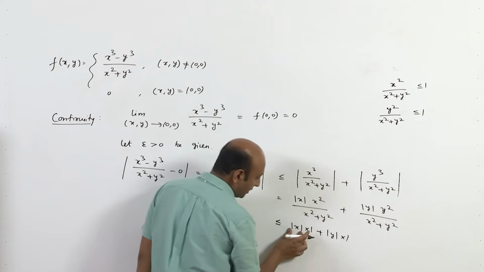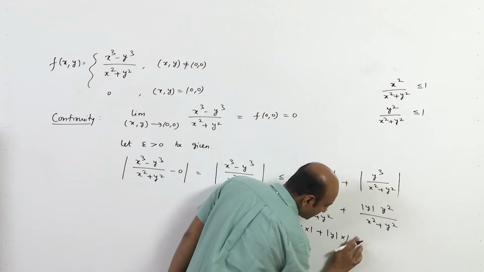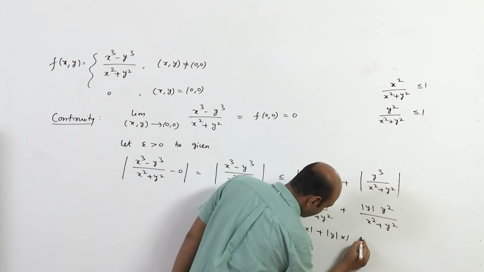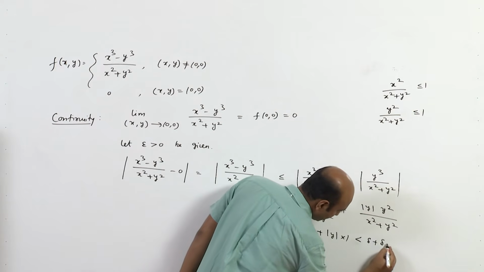So, if we take mod x less than delta and mod y less than delta, it is less than delta plus delta, that is 2 delta.